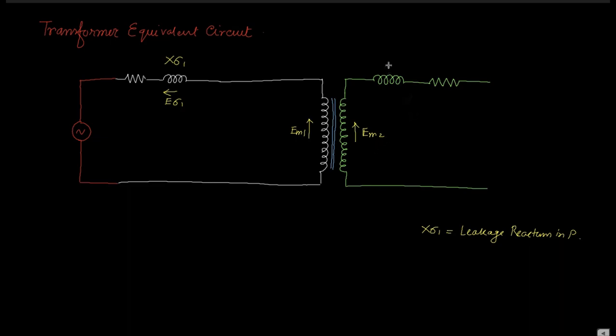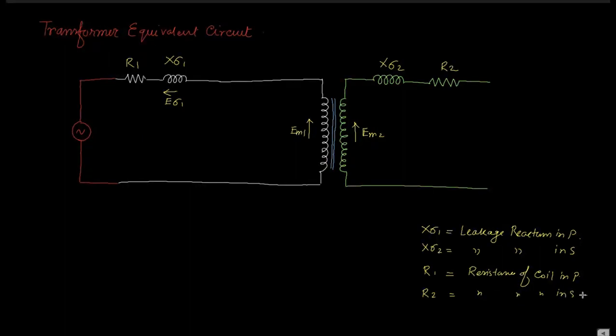Like this is X sigma 2. X sigma 2 is the leakage reactance in the secondary. This is R1. R1 is nothing but the resistance of the coil in primary. This is R2. That is the resistance of the coil in secondary.